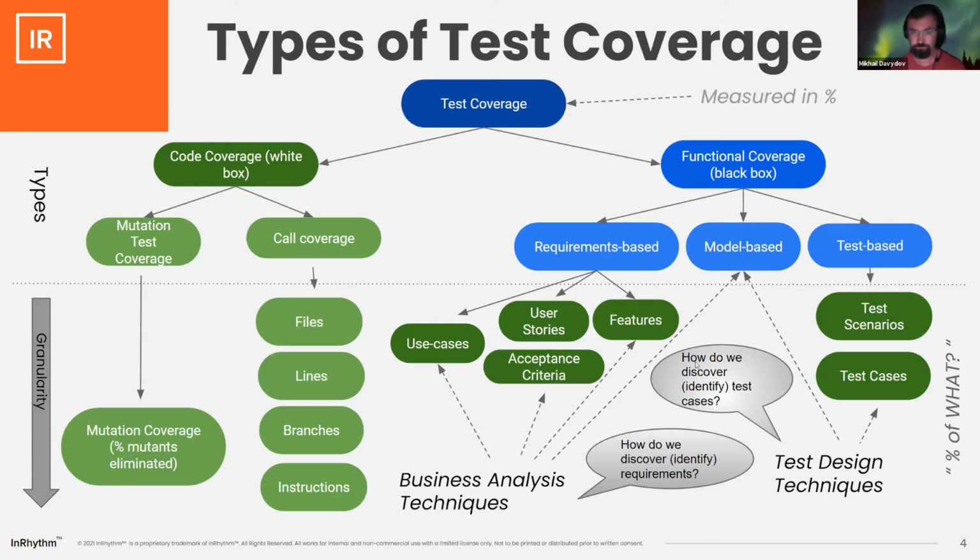So one type of this coverage can be, we can try to understand how well functional requirements are covered with tests. And it depends on how we approach writing those requirements. It can be use cases, it can be user stories with acceptance criteria, it can be features.